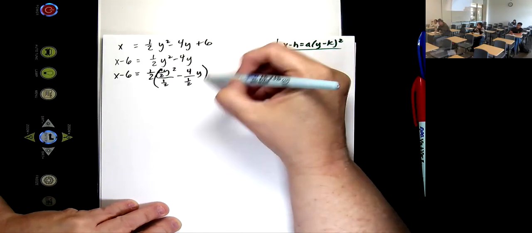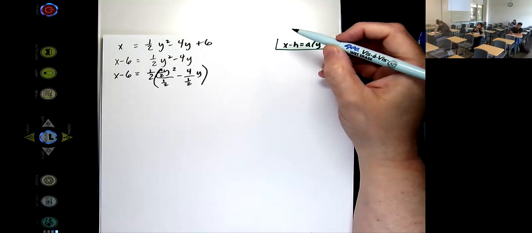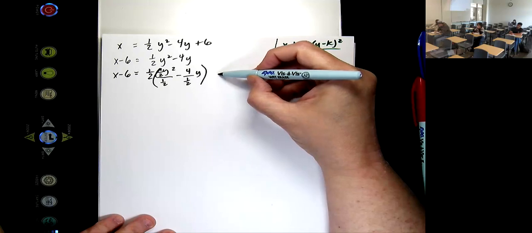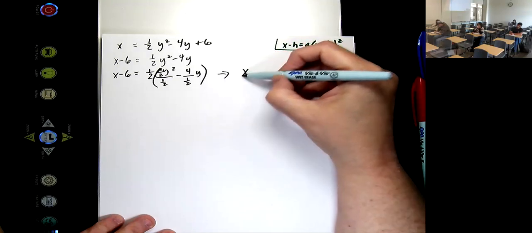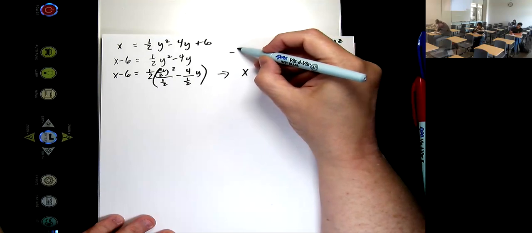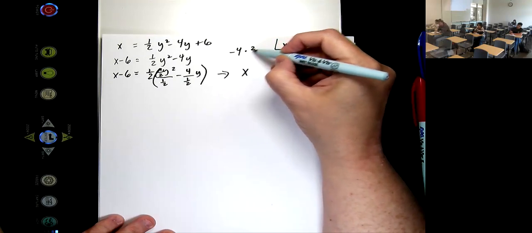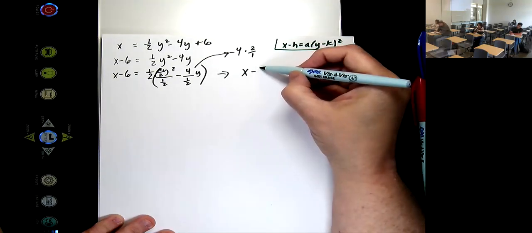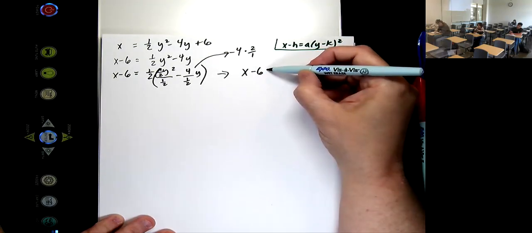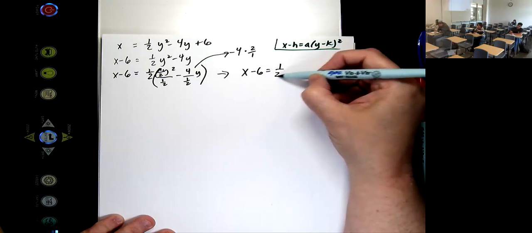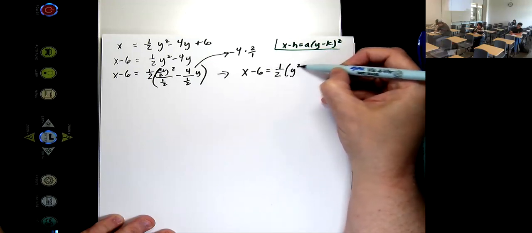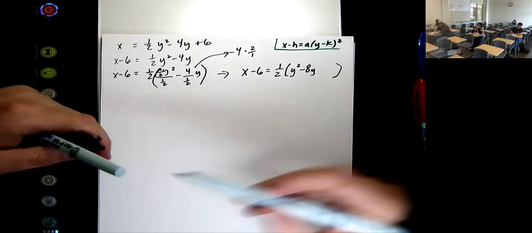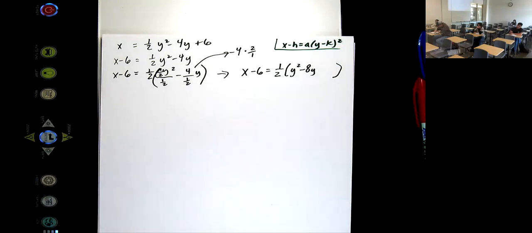Normally, I would do this process a little bit quicker, but I think it's not intuitive when it's a fraction. -4 divided by 1/2 is the same thing as multiplying by the reciprocal. So I have x minus 6 equals 1/2 y squared minus 8y. Pause and let that sink in.